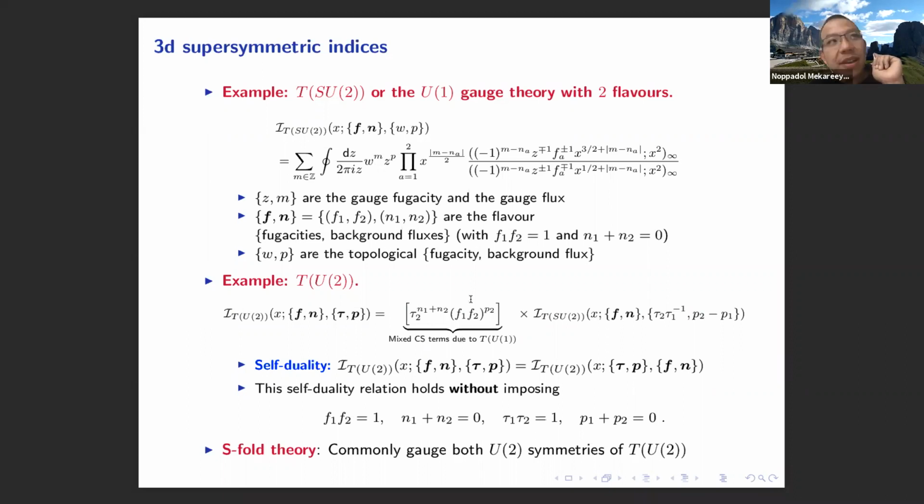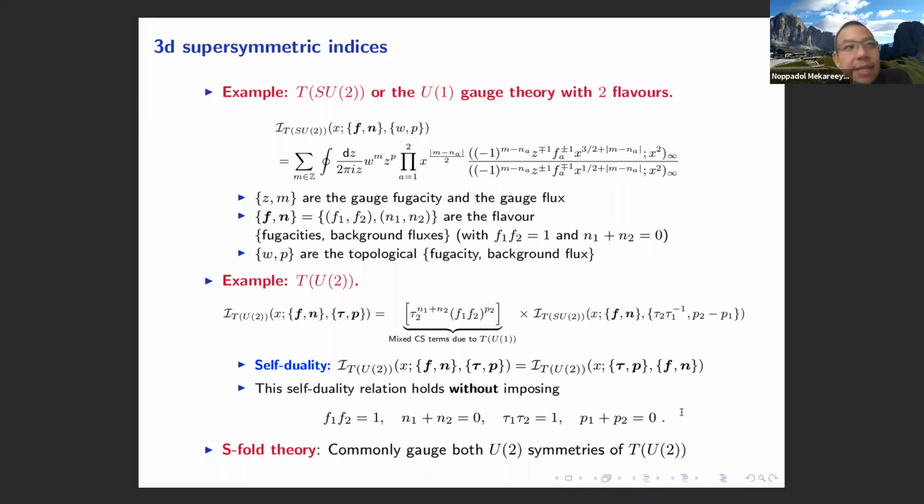If you don't do this, it introduces a phase, and this factor is there to compensate that phase. So what I'm saying is that this relation holds without imposing F1 times F2 equal to 1 and N1 plus N2 equal to 0.